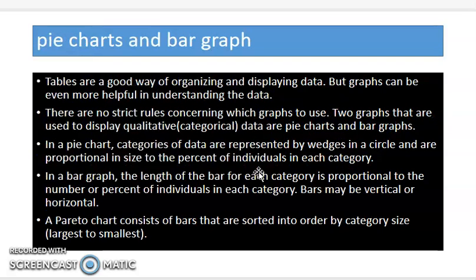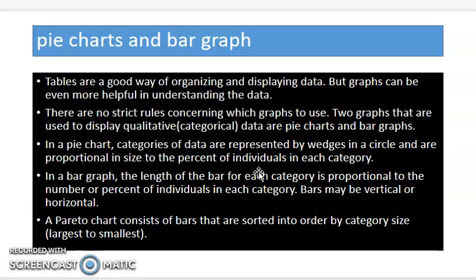Now pie charts and graphs. It's a brief introduction to pie charts and graphs, because tables are a very good way of organizing and displaying data, but graphs can be even more helpful in understanding the data. There are no strict rules concerning which graph is used. The graphs used to display qualitative or categorical data are the pie chart and the bar graph.